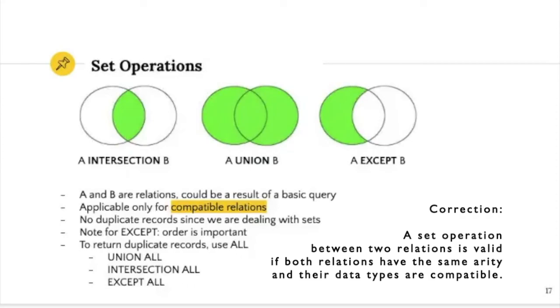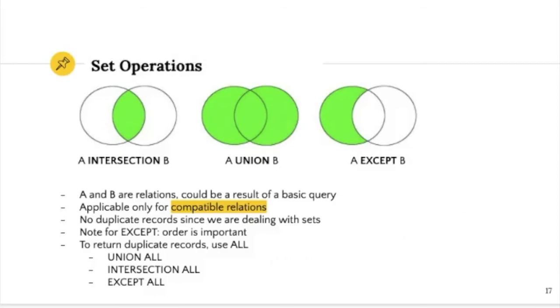So, recall nyo lang yung definition ulit ng compatible relations. So, dapat pareho sila ng cardinality ng attributes or yung dami ng column. And then, dapat yung data type nila ay pareho or compatible. So, yun yung preliminary na condition for you to apply yung set operation.